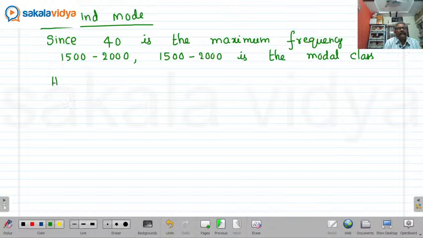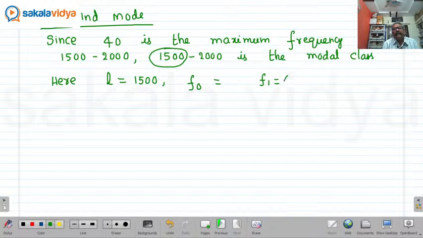Here we can write now, this is the lower boundary, L equals 1500. Next F1 is 40, the frequency of the modal class, and F0 and F2 write down.